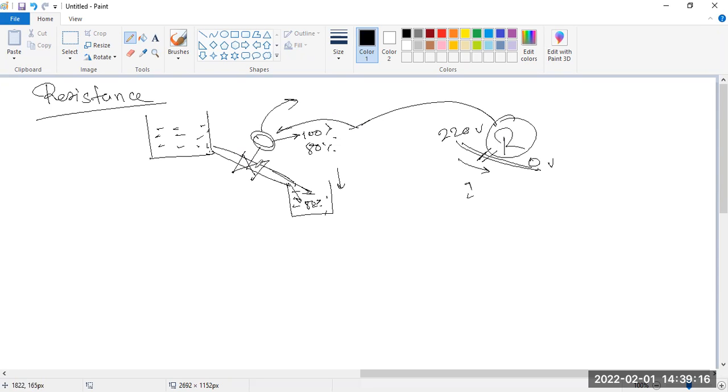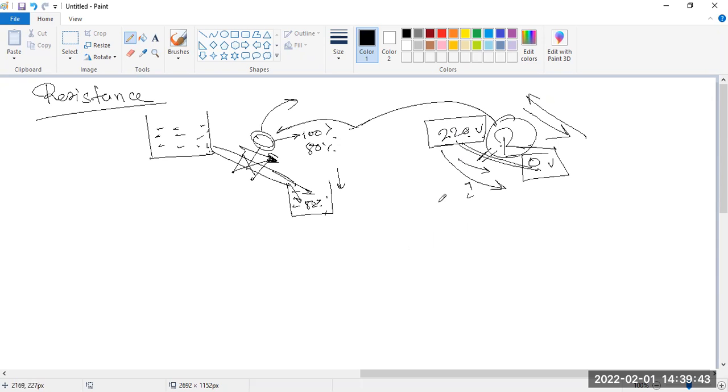But it is not just like a unidirectional valve. Resistance has no direction. Current must flow from 220 to 0.